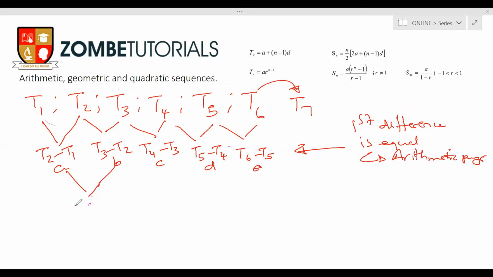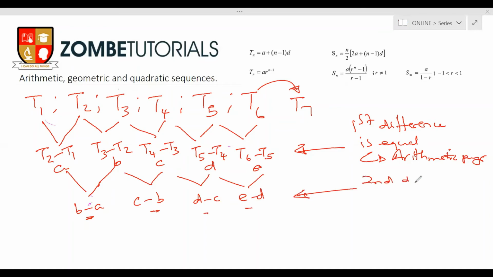In other words, we're saying B minus A. Then this side, it will be C minus B. And this side, it is D minus C. Then this side, it is E minus D. These are what we call second differences. If the second differences are equal, then that means here we're now dealing with a quadratic sequence or series.